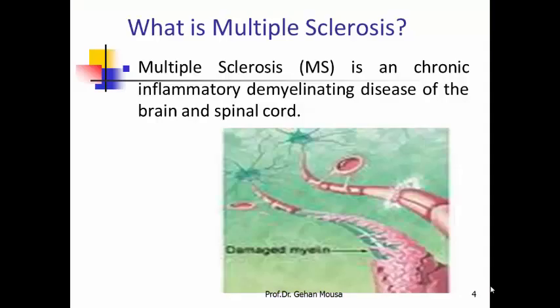What is MS? MS is defined as multiple patchy degeneration of the white matter of the CNS. That means post-inflammatory demyelination of the brain and the spinal cord.